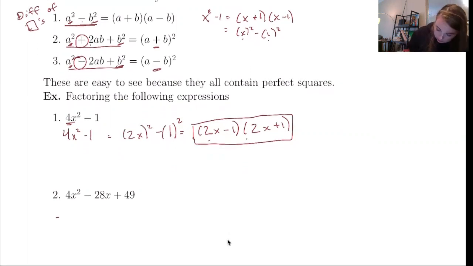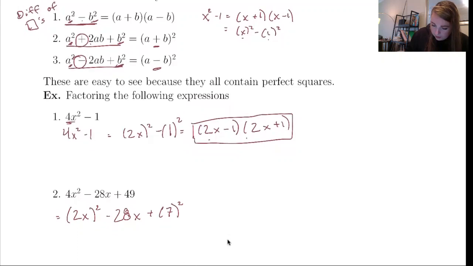So if I wanted to, I could rewrite this as 2x squared minus 28x plus 49, which is 7 squared. Great. So I have an a squared and b squared like I do in formulas 2 and 3.